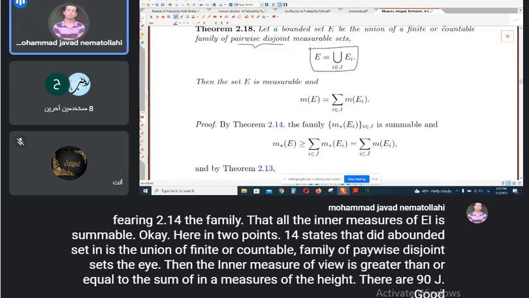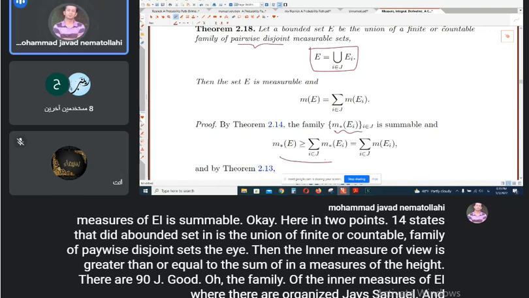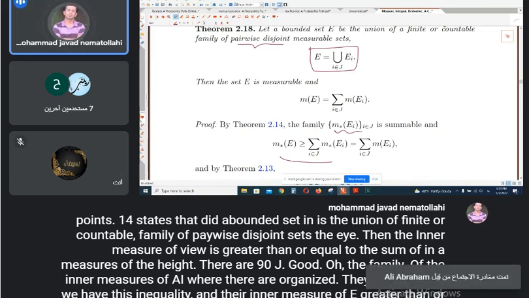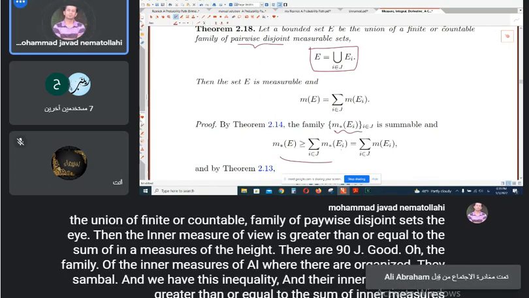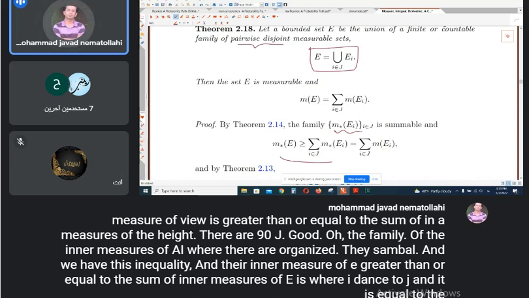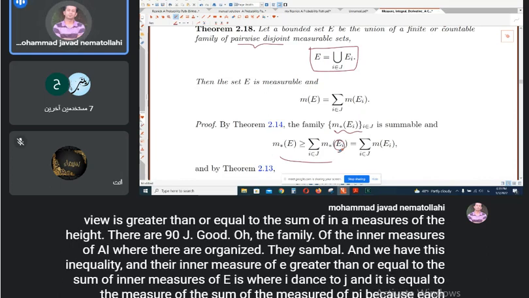Now the family of the inner measures of E_i, where i belongs to J, is summable, and we have this inequality: the inner measure of E is greater than or equal to the sum of inner measures of E_i, where i belongs to J, and it is equal to the sum of the measures of E_i, because each E_i is measurable.